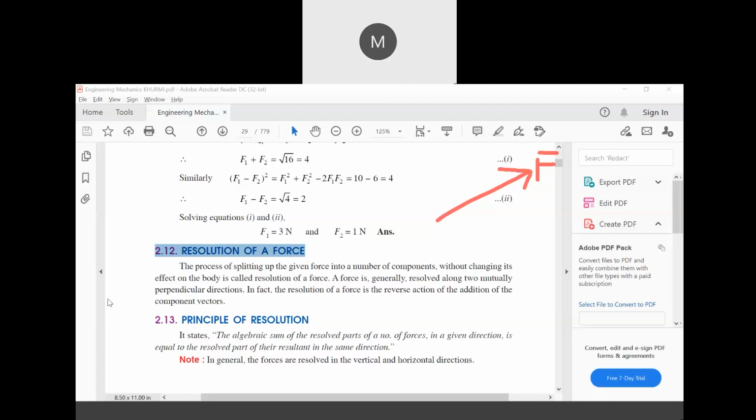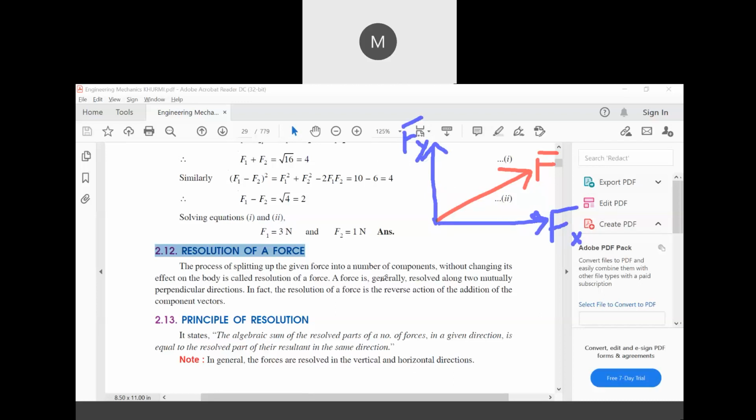Remember one thing always, resolution of forces is done in two mutually perpendicular directions. That means in the x-axis we'll make one component, and in the y-axis we'll make one component. Suppose here in the x-axis, we consider it as Fx, and in the y-axis, we consider it as Fy.